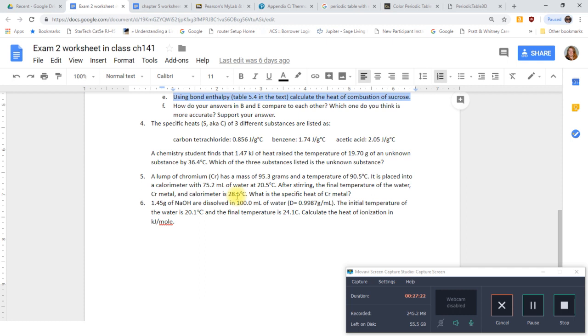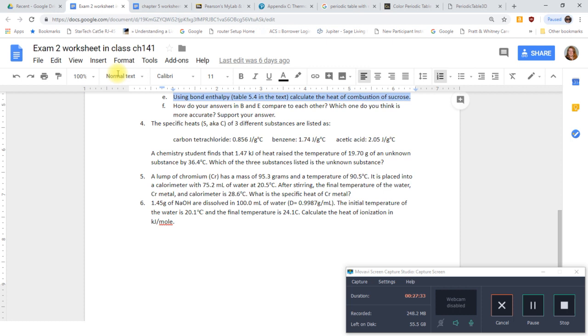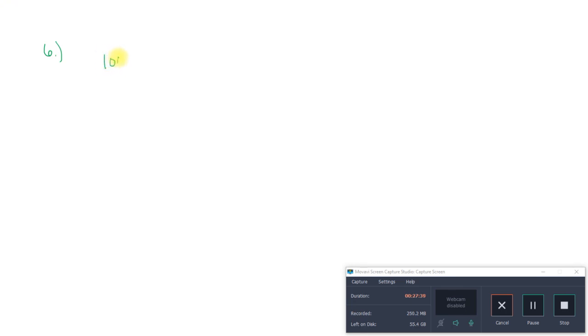Okay, so here we have a very similar process to what we had in lab, right? So if you've already done the lab calculations, you have kind of an advantage on this one. We're taking a volume of water that has a density, so I'm going to use that density again to get to the number of grams for the water.